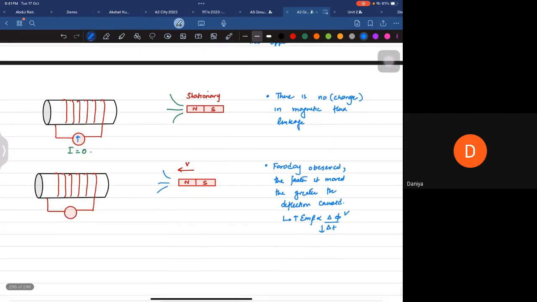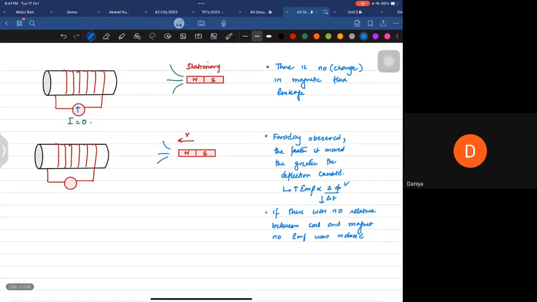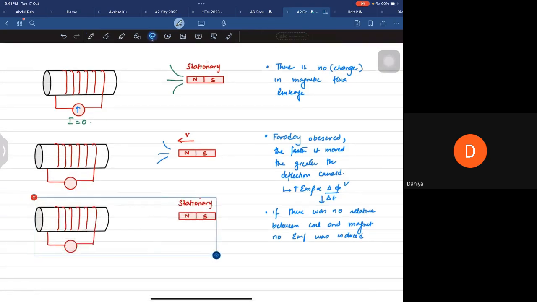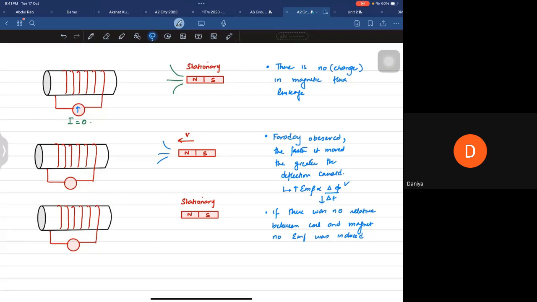And he said, if there was no relative motion between coil and magnet, no EMF was induced. For example, if I put it right here, and when I've moved it, so now first of all I'm gonna make it here. So there was a deflection, and current was now not equal to zero when it was moving.